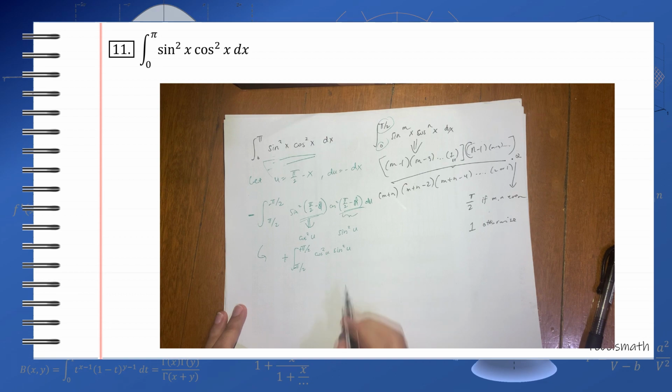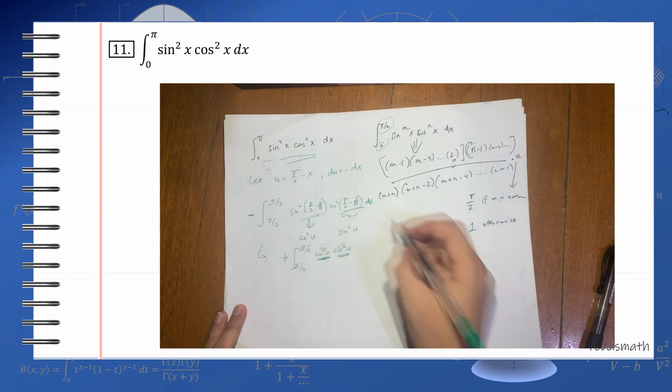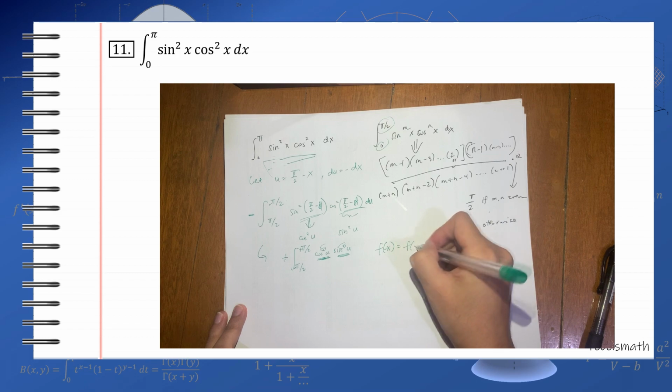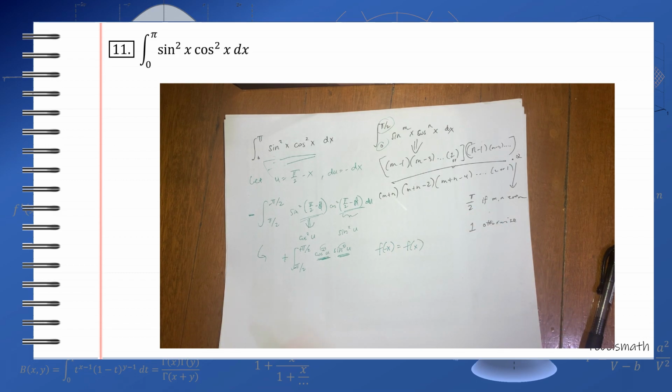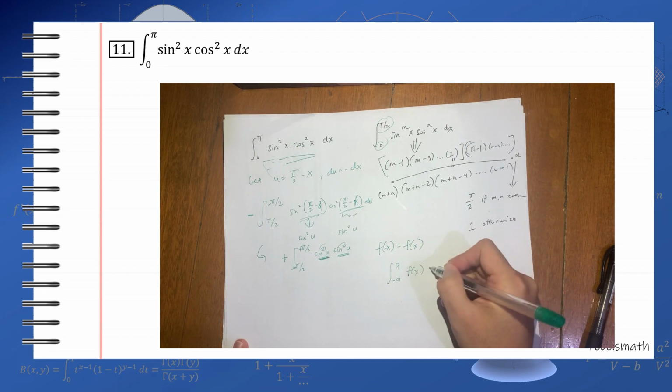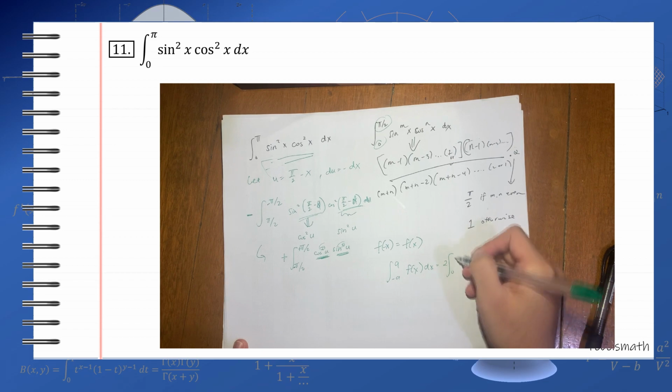Okay, next. Note that this is even because both of them have squares. That is, f of negative x is equal to f of x. So a property of even functions is that the integral from negative a to a is equal to twice the integral from 0 to a.